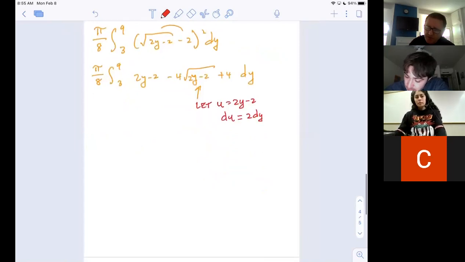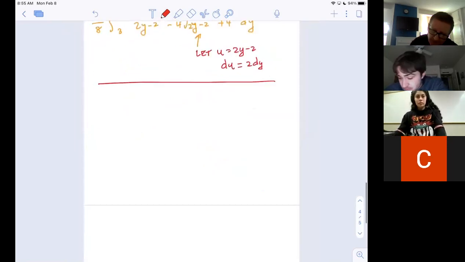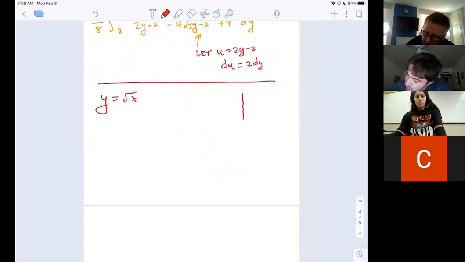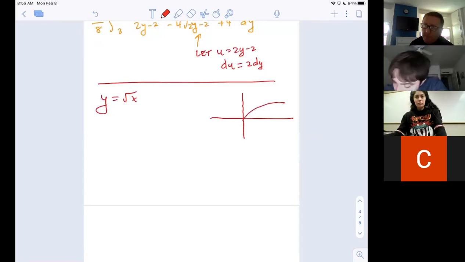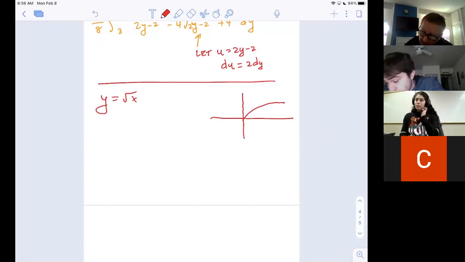Let's just try to set up another one. Let's consider y equals, let's see, the square root of x. So I'm just making this up from scratch. The square root of x does something like this, right? And so let's chop it off out here at 9.